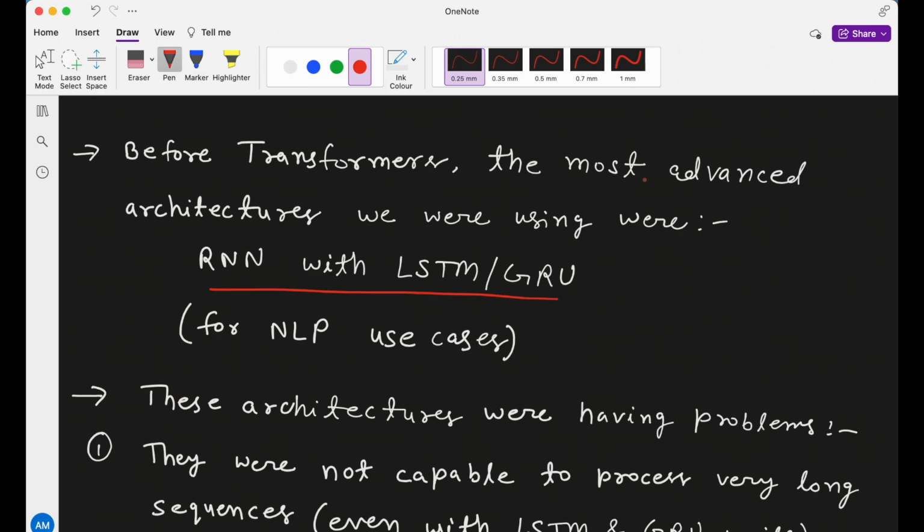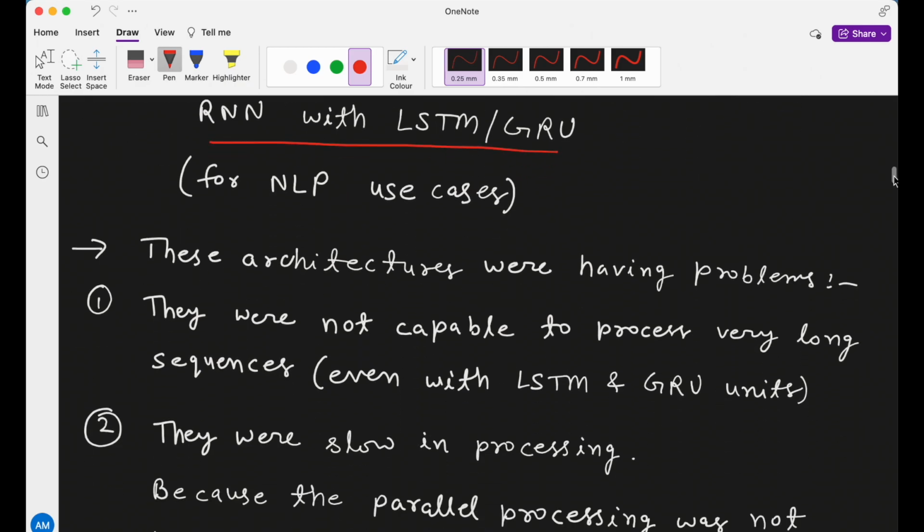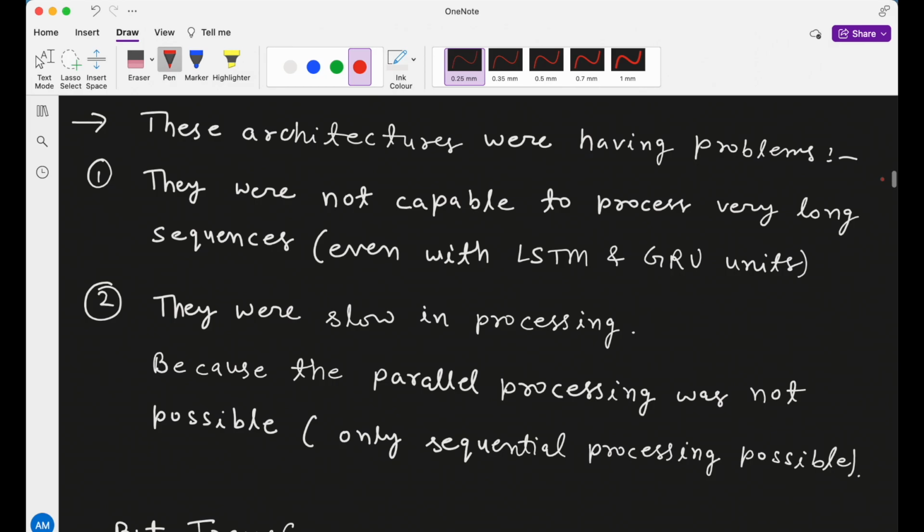But there were two major drawbacks. The first was that these architectures were not capable of processing very long sequences. Even if we used LSTM and GRU units, we were not able to process very long sequences. So this was the first drawback.